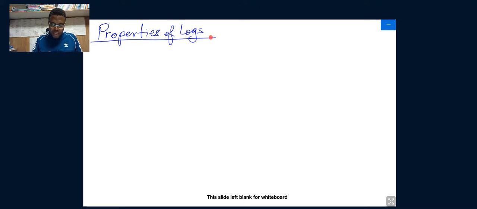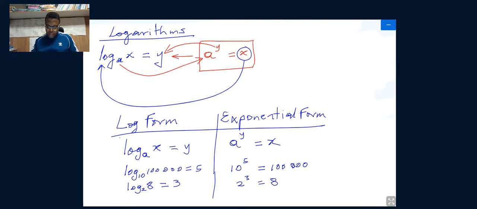Okay, so property number 1: log of 1 to the base a equals 0. What does this mean? Look here. We have log x base a equal to y.